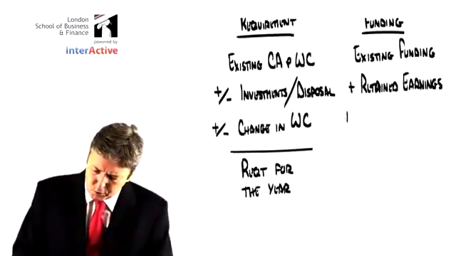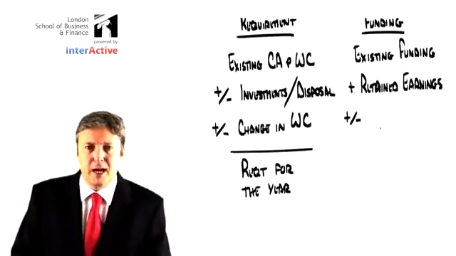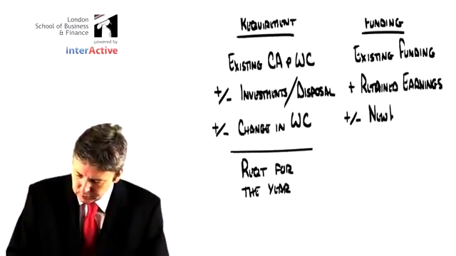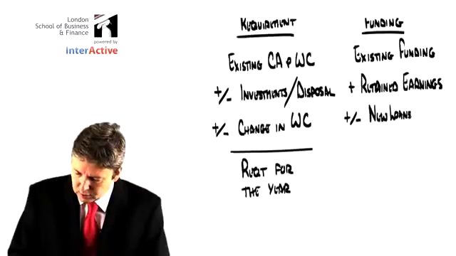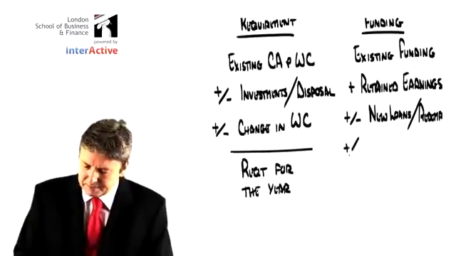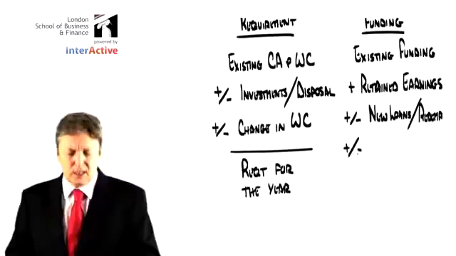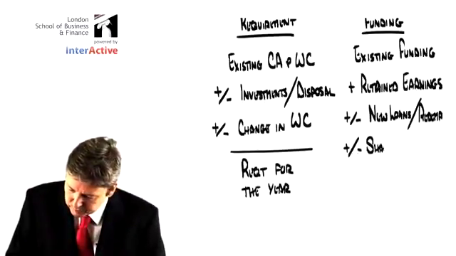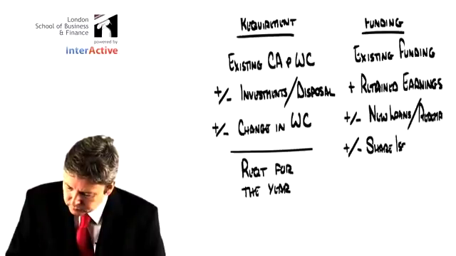Secondly, of course, we would have to add or subtract for any new loans or redemptions. And likewise, we would have to add or subtract in relation to any share issues or redemptions.